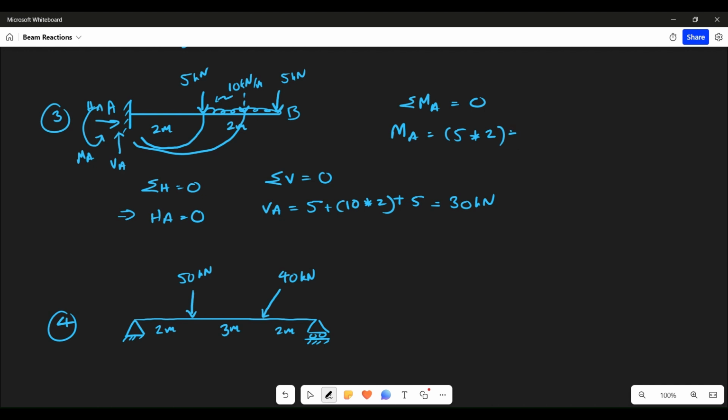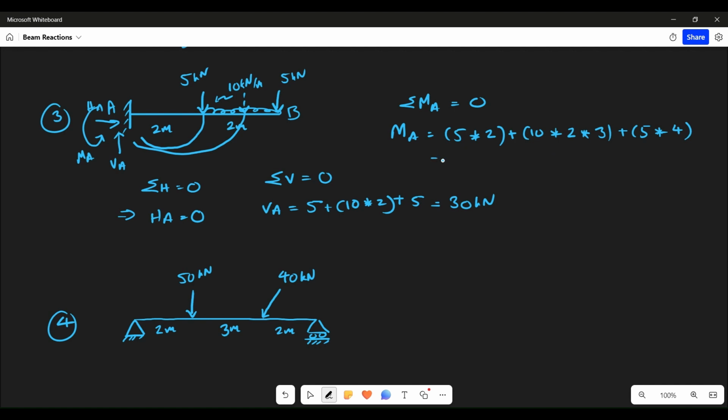So plus 10 into the distance, the length over which this 10 intensity UDL is applied, that is 2. And the third term here will be the distance of this UDL from point A. That will be half of this, that is 1 meter plus 2 meter. So third term here will be 3. Plus the last force, the moment will again be clockwise, 5 into 4.